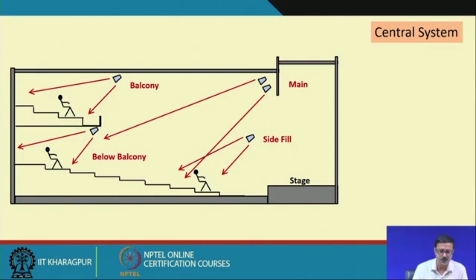There may also be a strengthening point, or a loudspeaker has to be provided below the balcony area, because many times it has been noticed that the central cluster cannot reinforce the sound below the balcony.